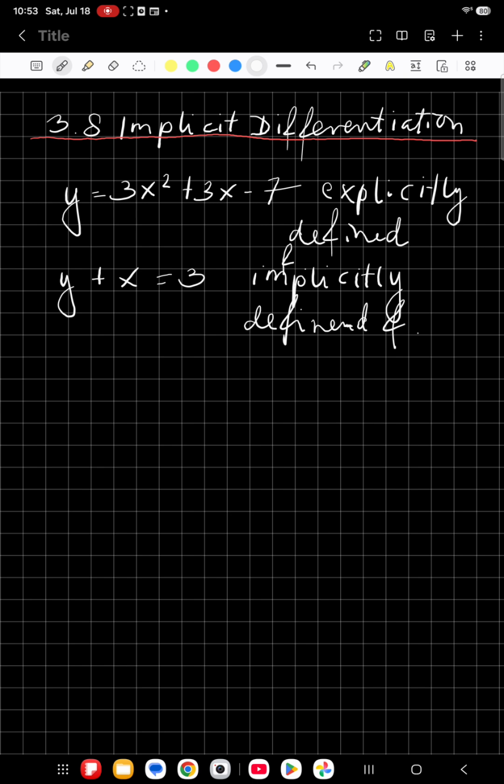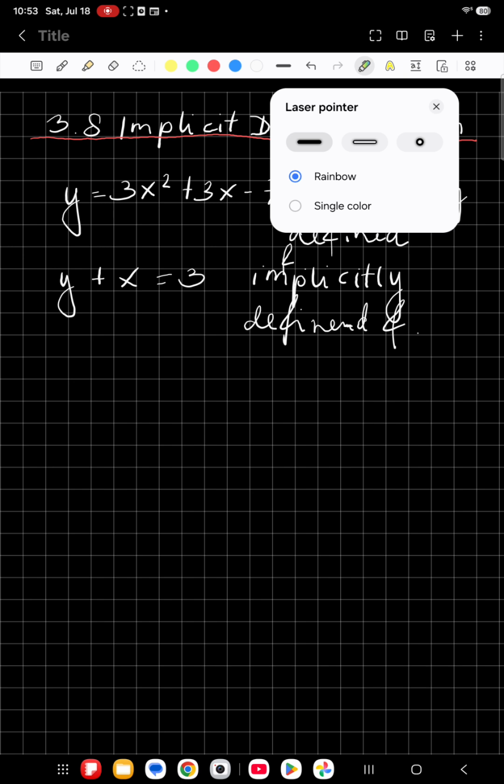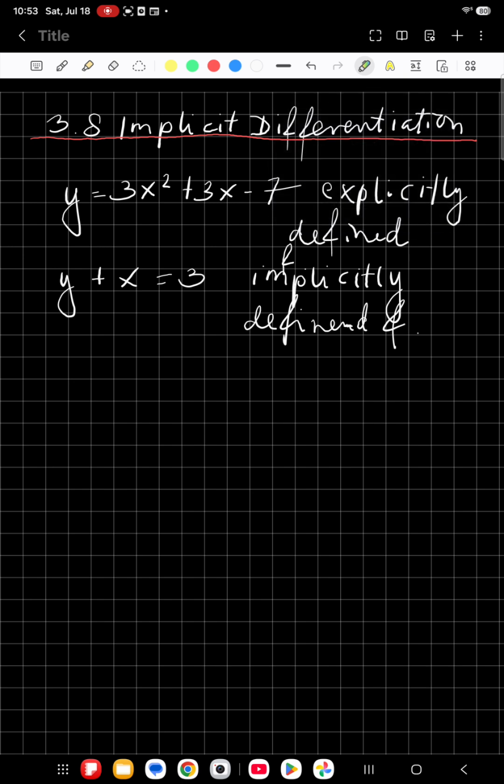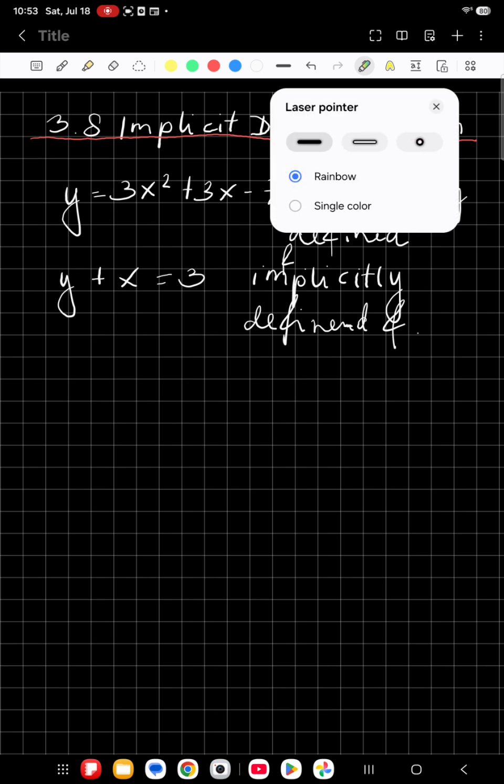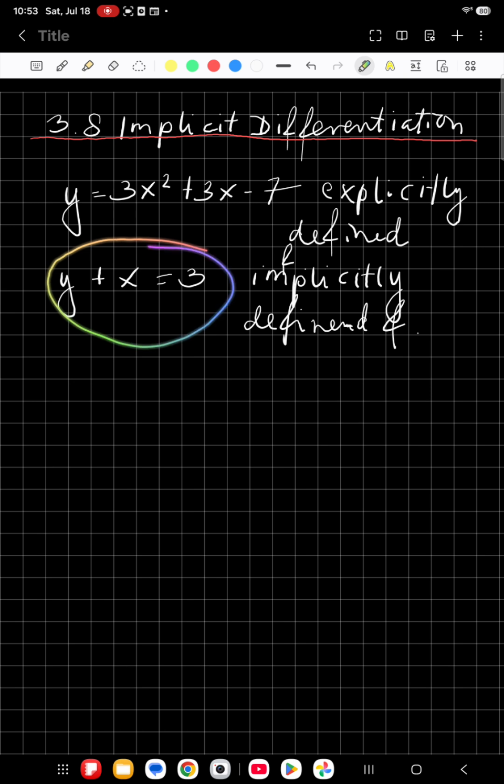And of course in most cases we prefer the explicitly defined function. But in some cases it's useful to have a function defined in this way. So I'll show you an example where that would be useful.